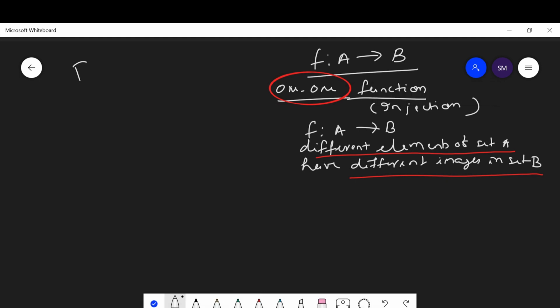When we discuss examples, we can understand the theory better.